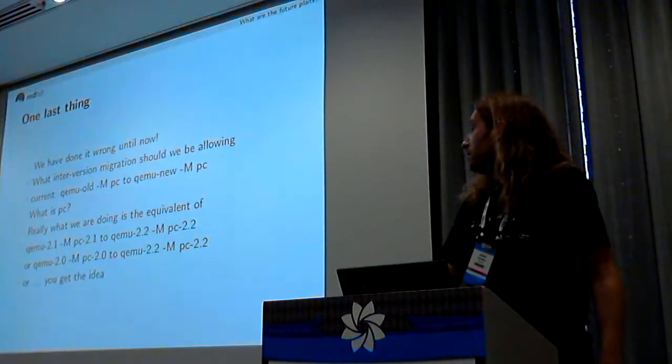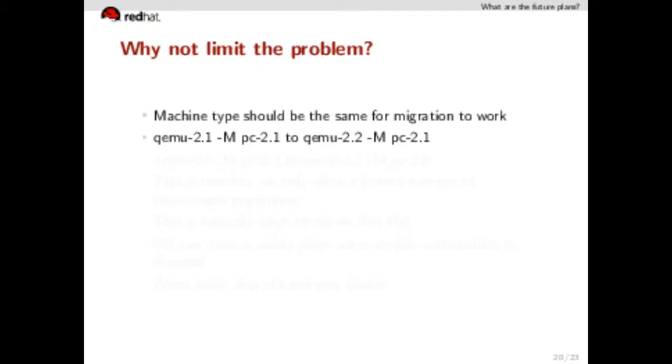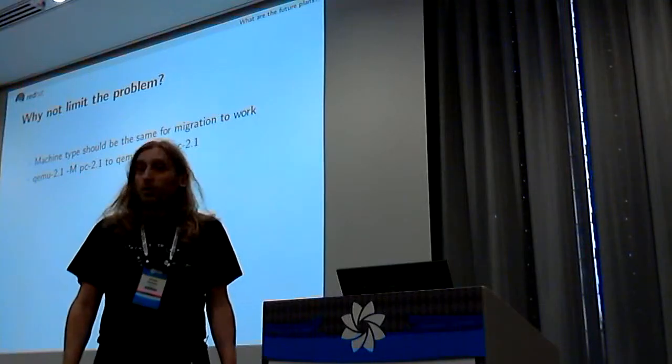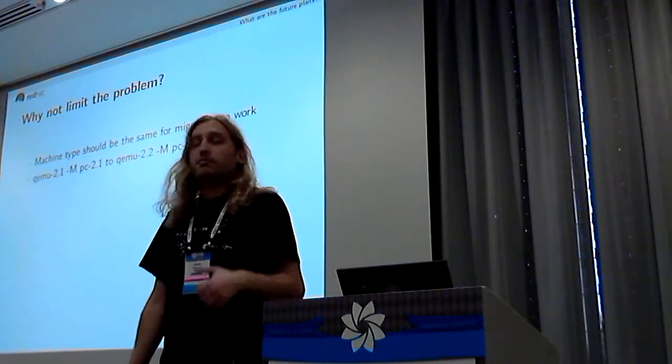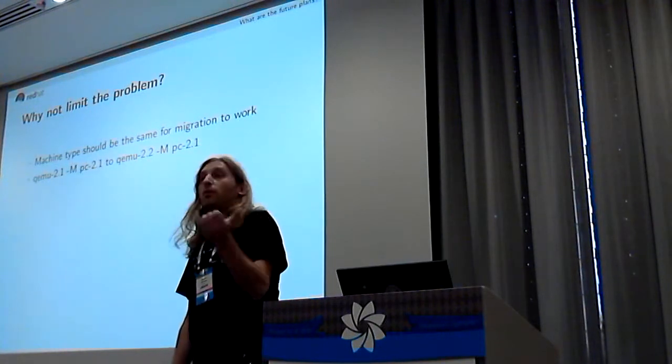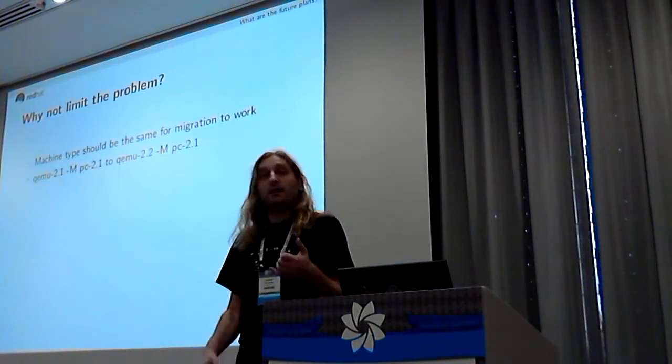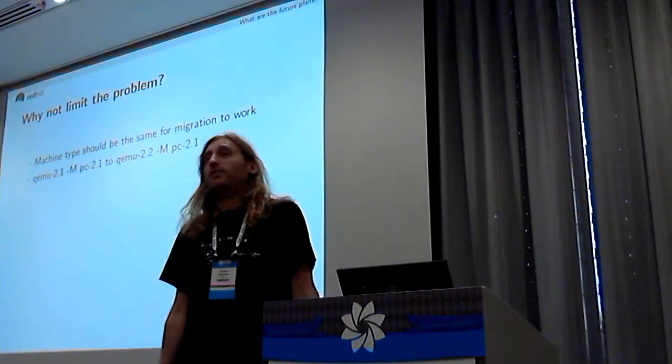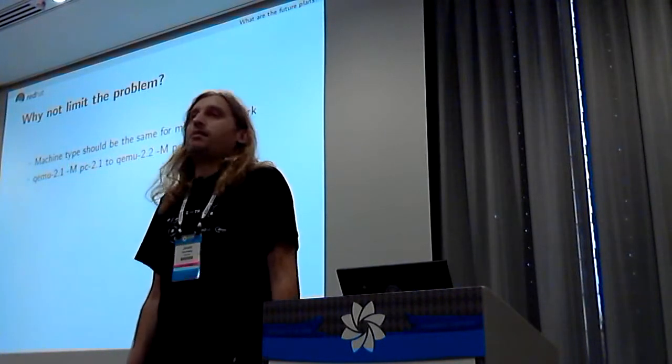Fixing this is as easy as only allowing this: the machine type needs to always be the same, PC 2.1. We send the machine type in the migration stream at the beginning. When it arrives at the other side, if it is the same, I try to continue with the migration. If it is not the same, not even try.